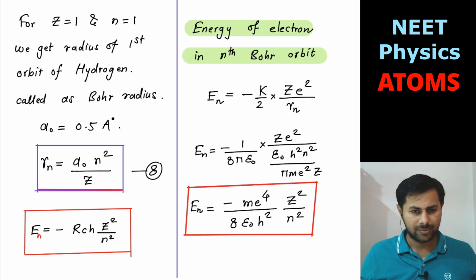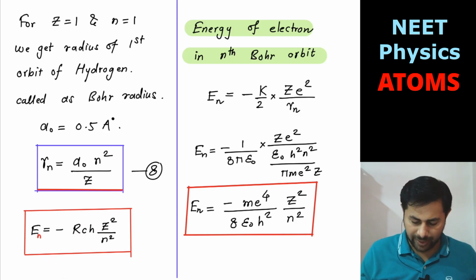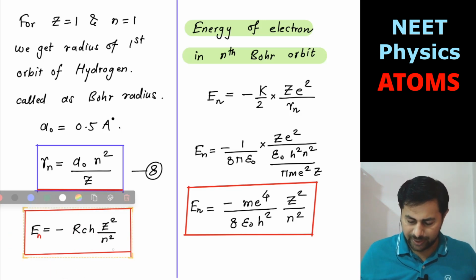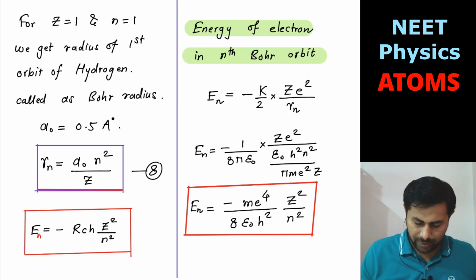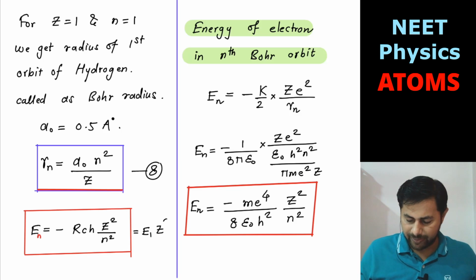So this is just E1, and that's why your formula is En equal to E1 times Z square by n square.